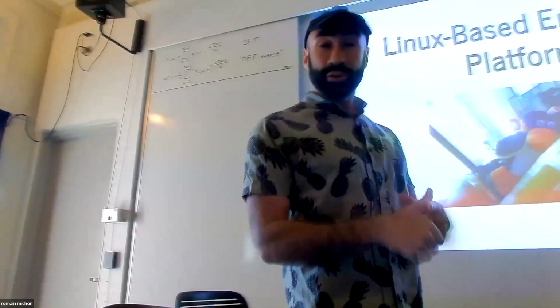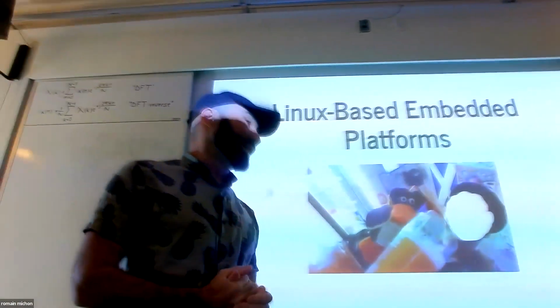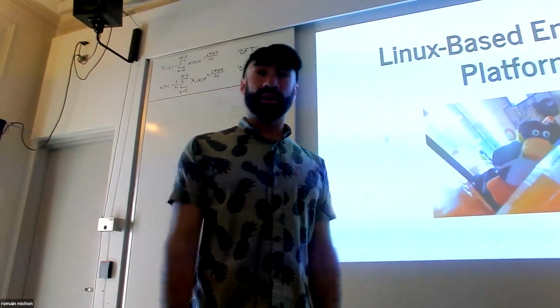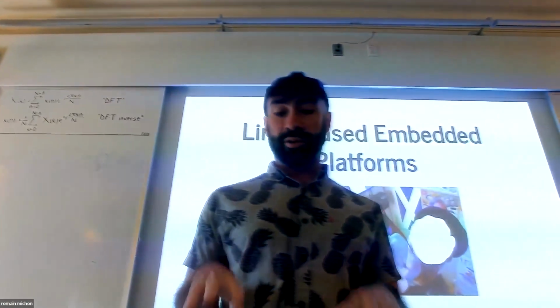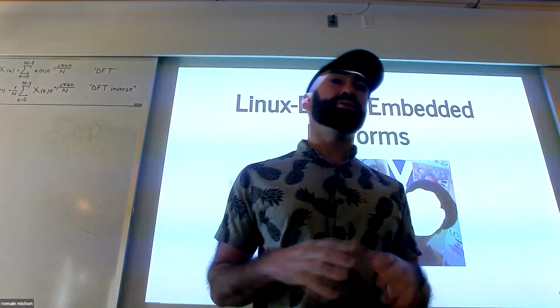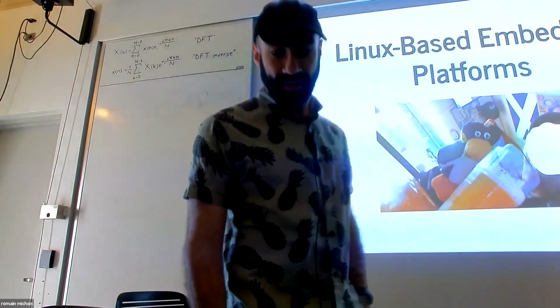So the Raspberry Pi is an embedded system. Okay, so Arduinos are embedded systems. That was actually a very good answer. Raspberry Pis are embedded systems, and here we're mostly going to look at embedded systems that are used for audio processing. Okay, cool.